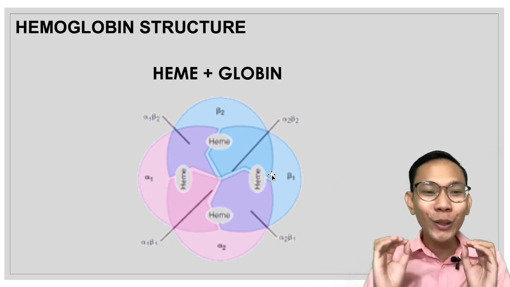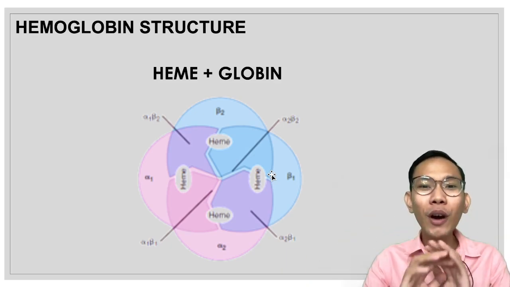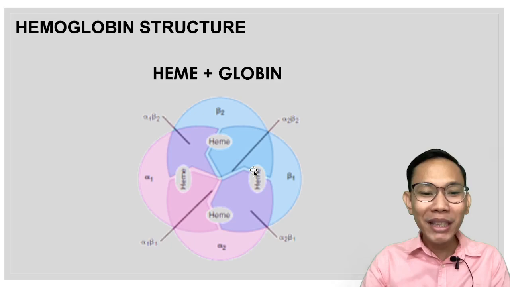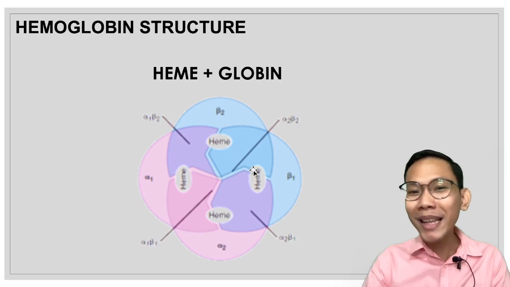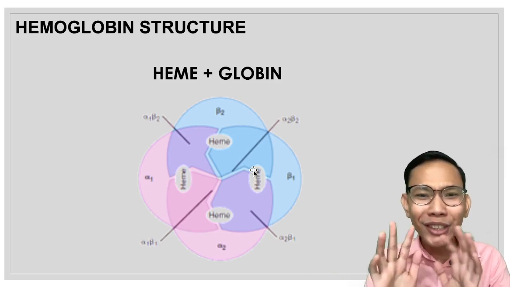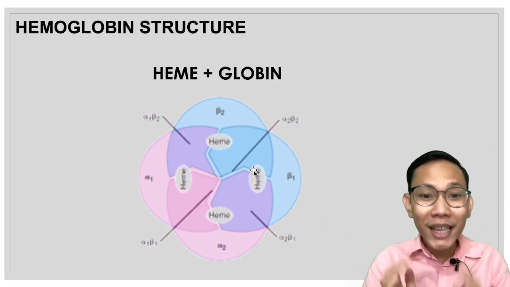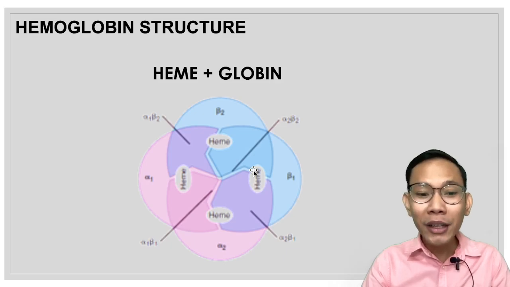Don't worry guys, ulit-ulitin natin to. This is just an overview of the total hemoglobin structure. So your hemoglobin comprises approximately 95% of the cytoplasmic contents of your RBC. Imagine that, no? Sa buong cytoplasm ng ating RBC, 95% of that is actually your hemoglobin.